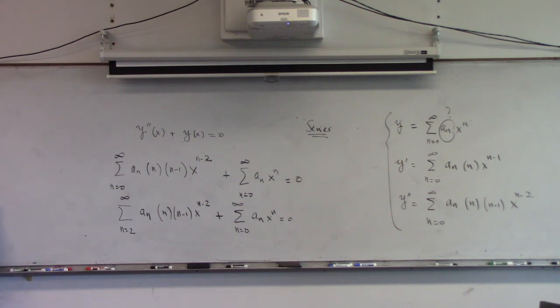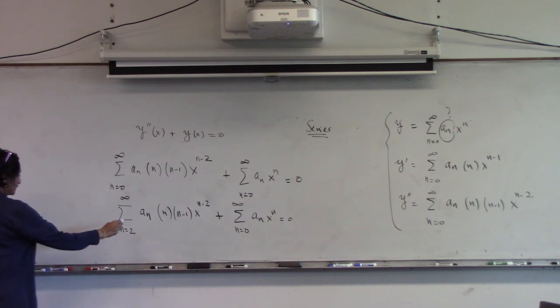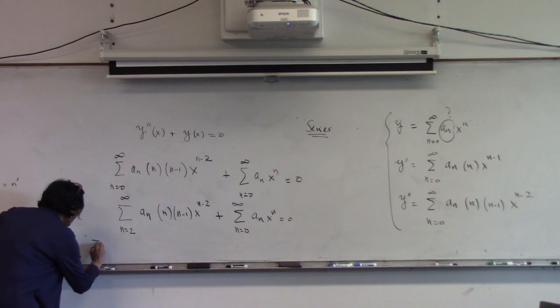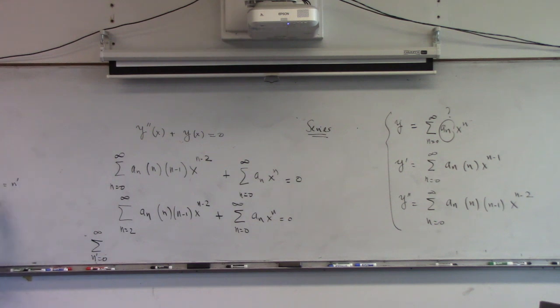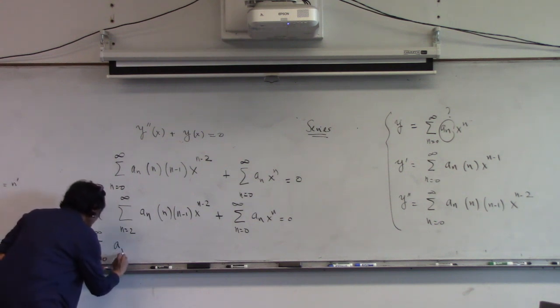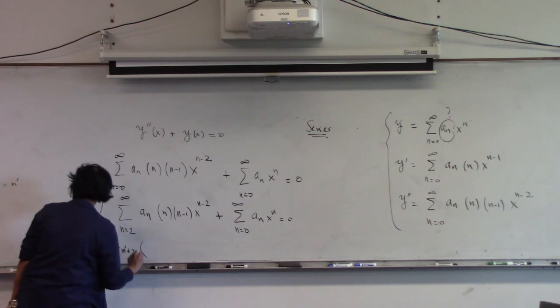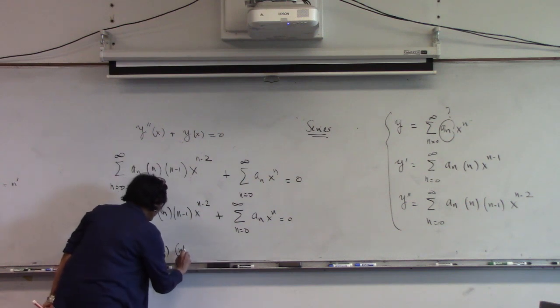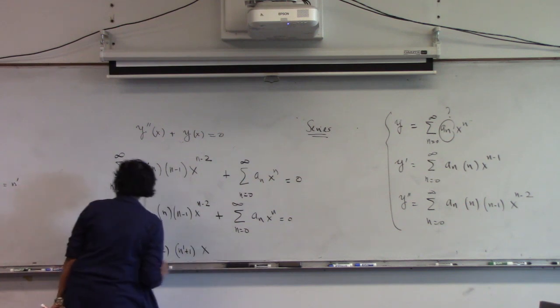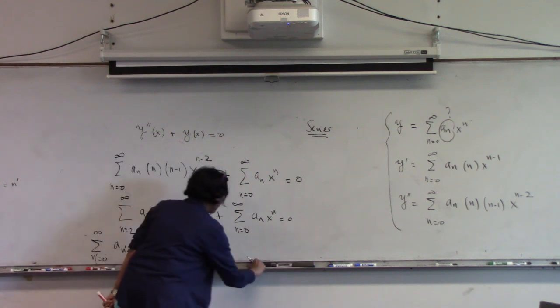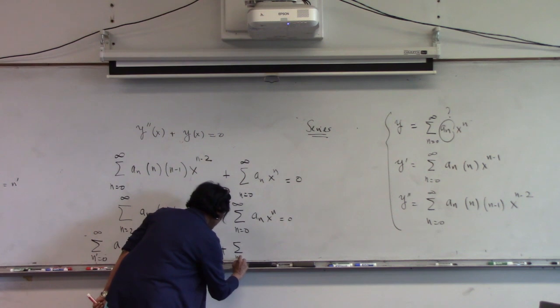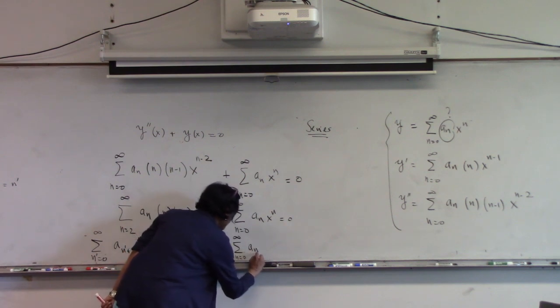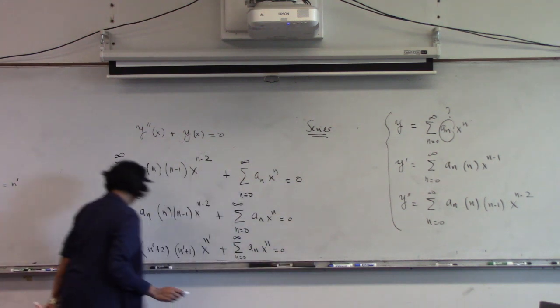Should I set n minus 2 equal to a new variable n prime? Then n is equal to n prime plus 2, so I can transform this to the summation over n prime going from 0 to infinity, because when n equals 2, n prime is 0. So a sub n prime plus 2, times n prime plus 2, times n prime plus 1, x to the power n prime, plus the summation of a sub n x to the power n, going from 0 to infinity, equal to 0.